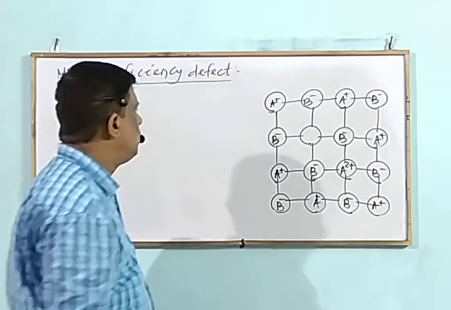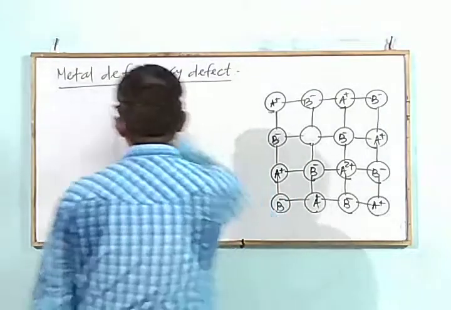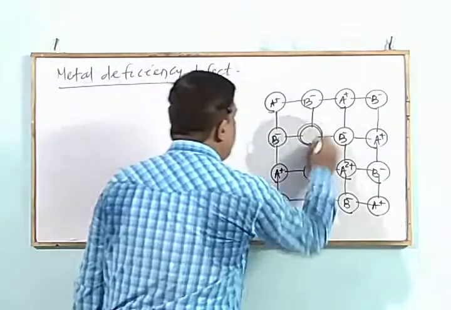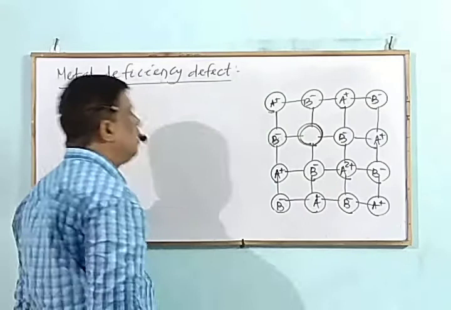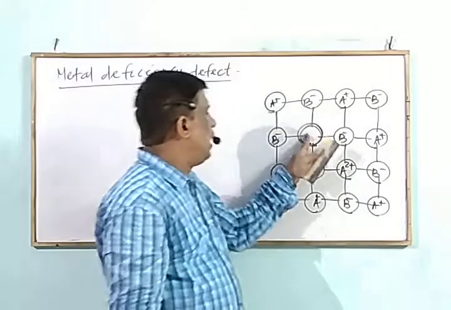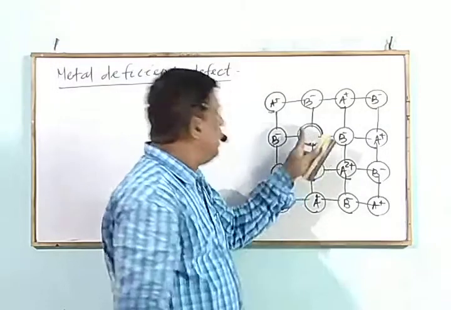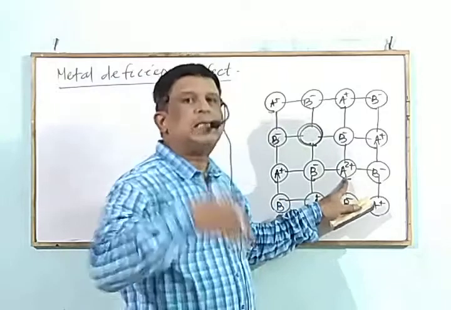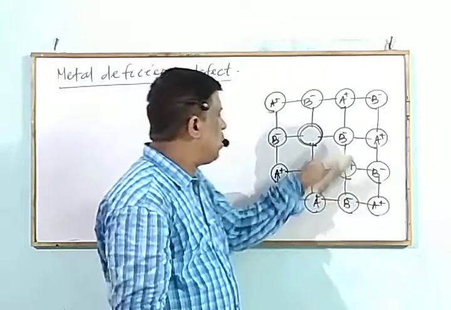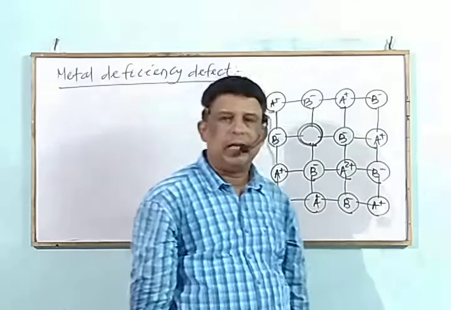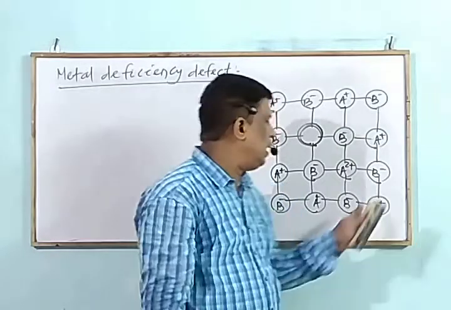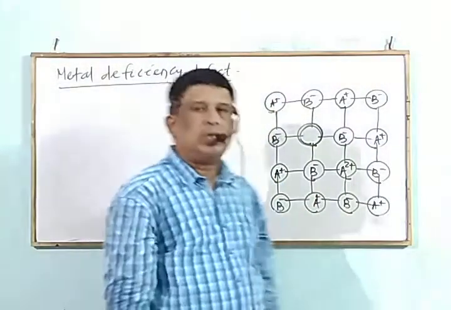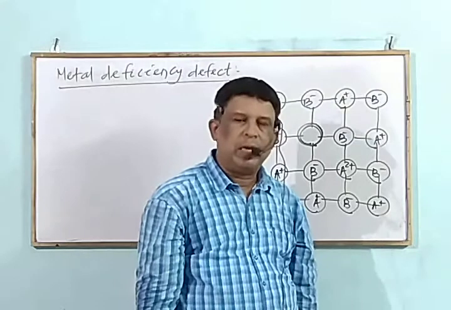Mark the defect. Here one cation is missing, that means metal deficiency defect. When metal cation is vacant from its lattice site, while nearby metal ion increases its oxidation number in order to maintain the electrical neutrality. And generally, this type of defect is shown by transition metal atom.